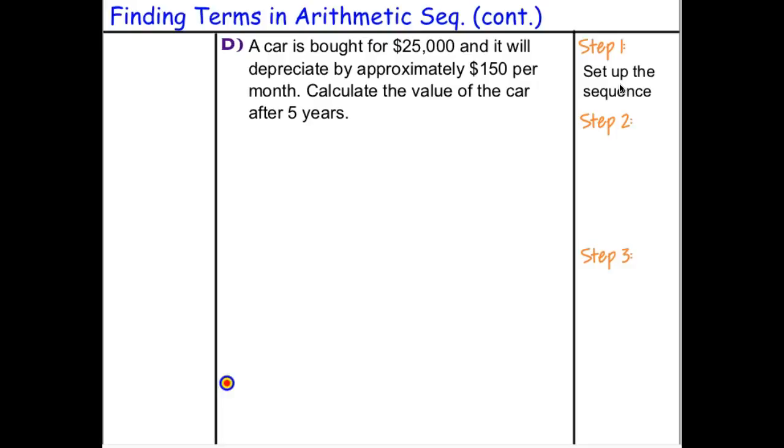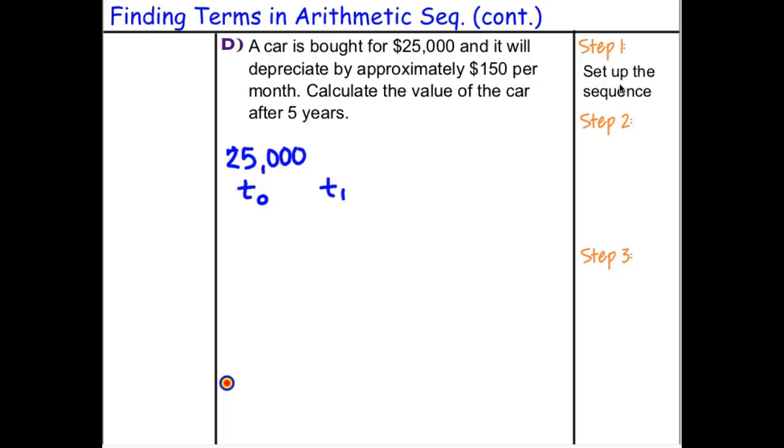So our first term, which technically I guess you could say is term 0, which would then eliminate that n minus 1. So we have $25,000. And this is where you guys will get stuck, because at term 0, because you're buying the car there, no time has passed.